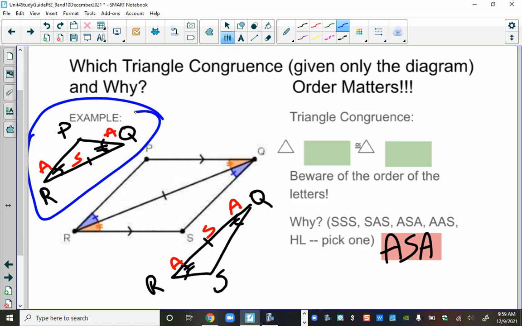How do you want to name that first triangle? Who can tell us? QRP. All right, I'll take that. So we have QRP. So we went from angle Q down to R, and then up to P. Now be careful with the second one.